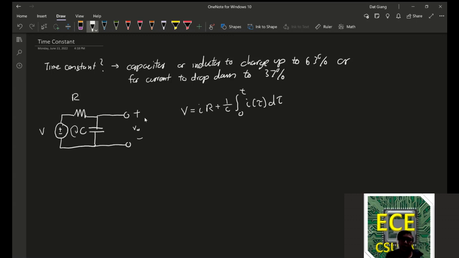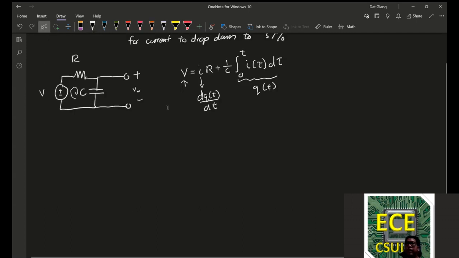Now, for this situation, it would be better if we talked about it in terms of current or in terms of charge. So this right here reflects charge, and this right here reflects the derivative of charge. And this one's just a constant, so we don't have to worry about it too much.